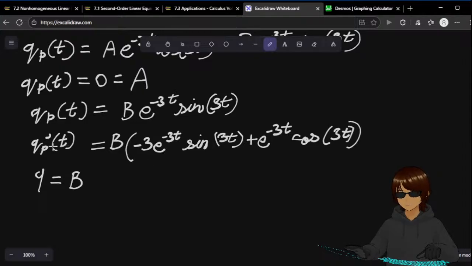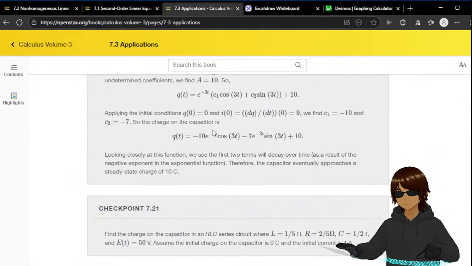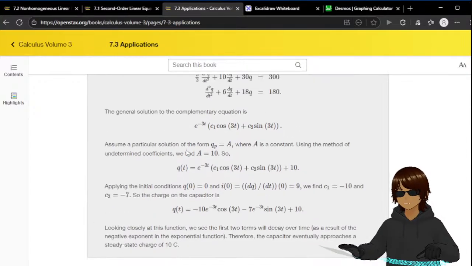If I do the initial current, so then t is equal to 0, this becomes 1, this becomes 0. We are just left with -3, right? Yeah. B is equal to -3. So our final solution is -3 e to the power of -3t sine 3t. And that's wrong. Okay, let's see.